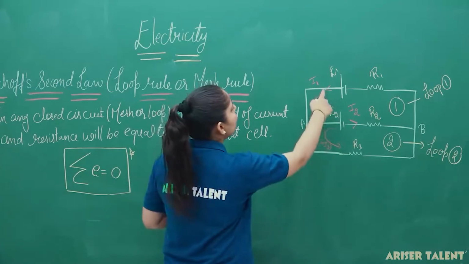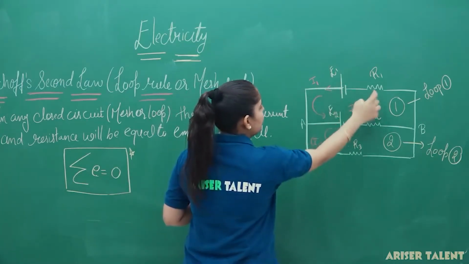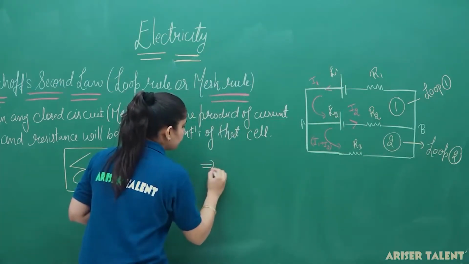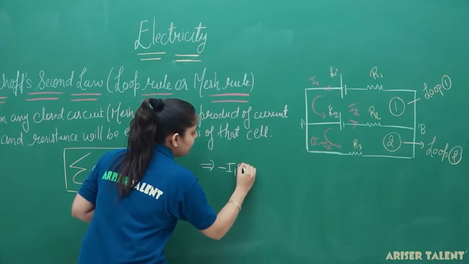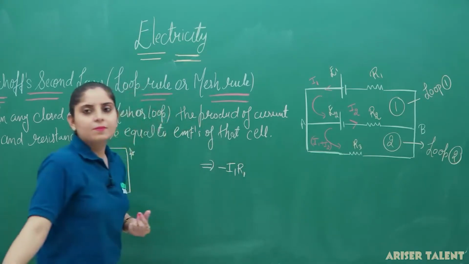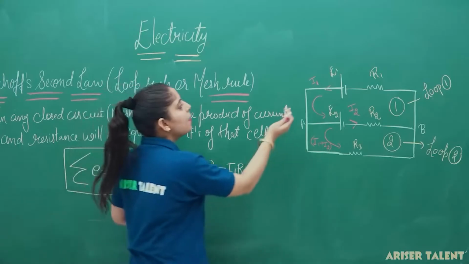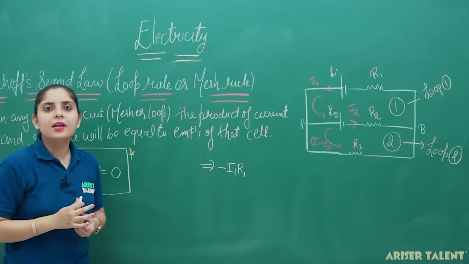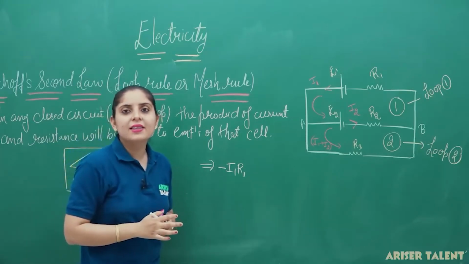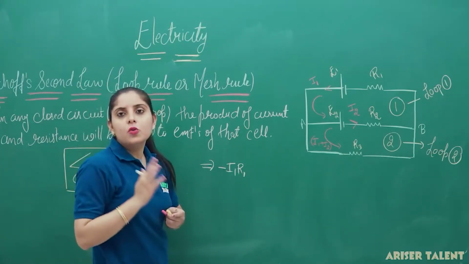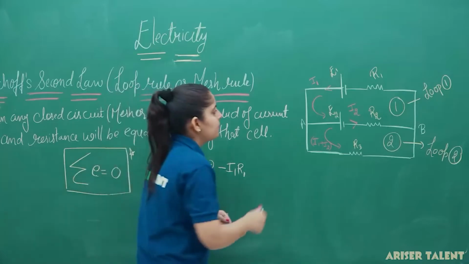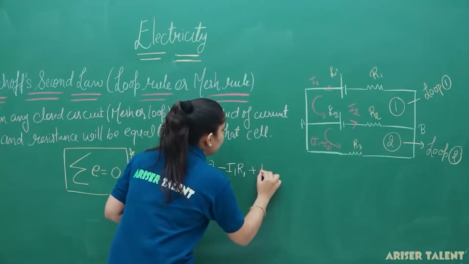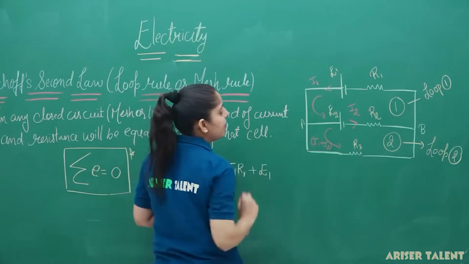What am I doing here? I1 must be multiplied by R1. And we are coming in the direction of the current. So, if you are going in the direction of the current, you have to take the opposite sign here. So, I am taking the negative sign here, plus E1, that is the battery here.